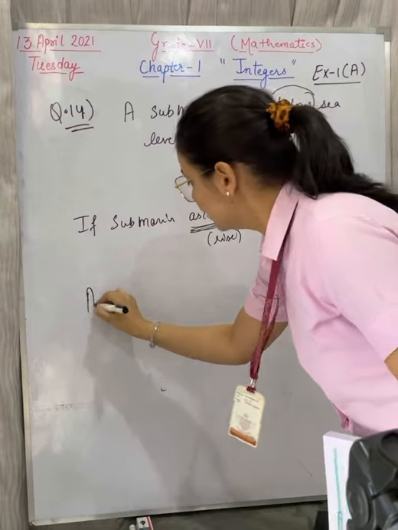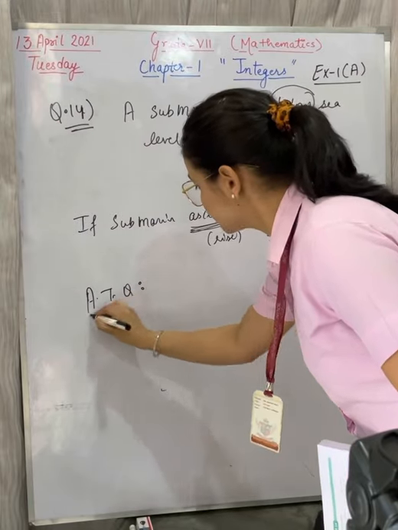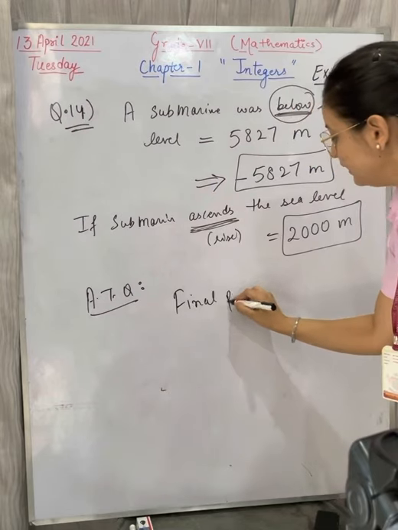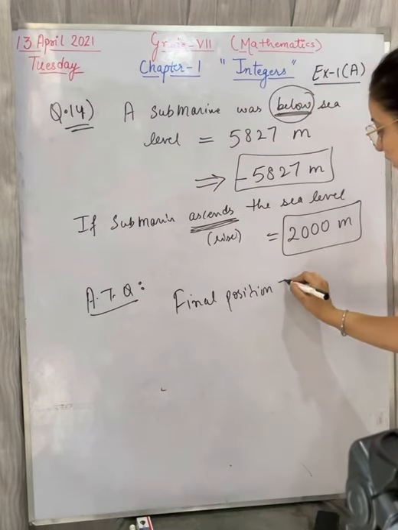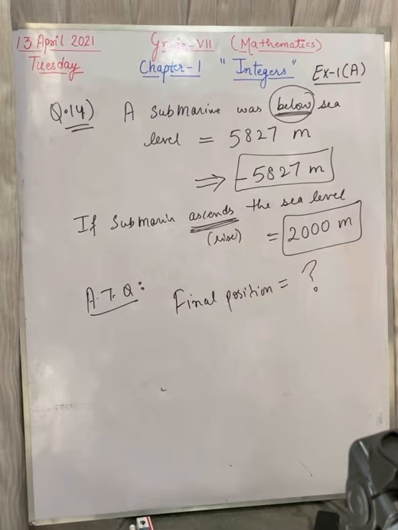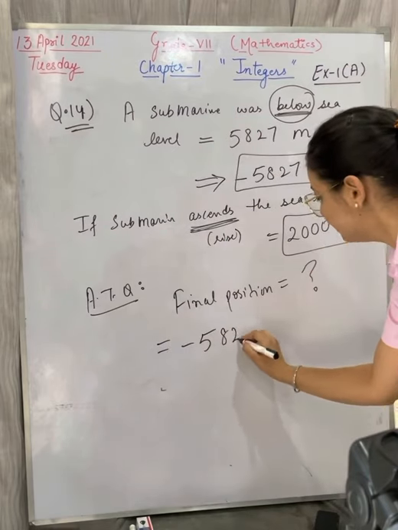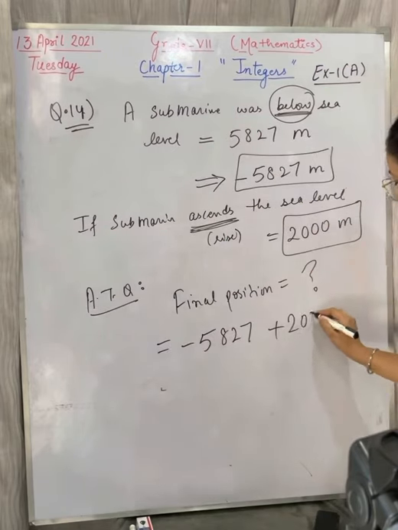Now according to the question, they are saying to find out the final position of the submarine. Final position, you just have to subtract both the values. Final position is equal to minus 5827 plus 2000.